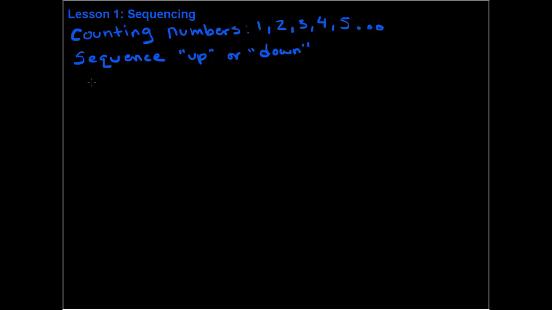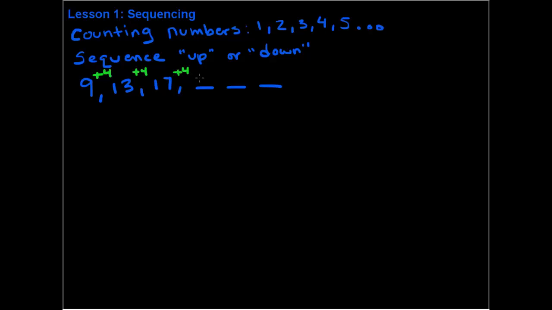So let's take a look at this. Let's say 9, 13, 17, and let's have 3 missing numbers. Let's decide what the sequence is. Well, I know that 9 to 13 is plus 4. 13 plus 4 is 17. So I know the sequence is plus 4 or up 4.